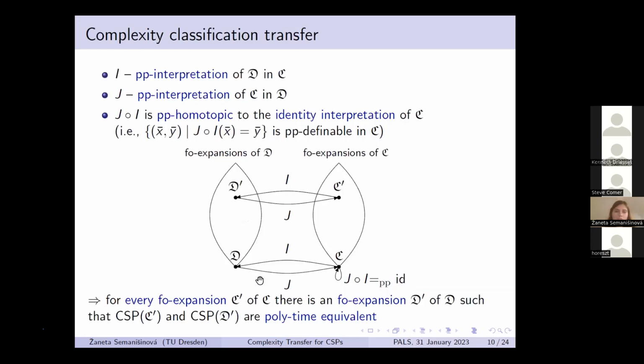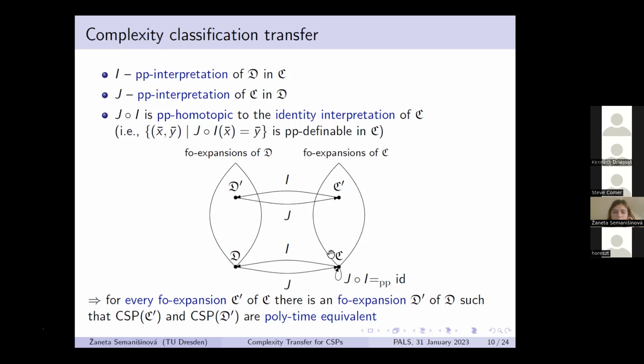So this leads me to something that we call complexity classification transfer. And I guess to understand it, it is enough to look at this picture. So we start with two structures, D and C. Normally we just think of it that one of these structures is somehow well understood, say this C and its first-order expansions, we already have a complexity classification for those.